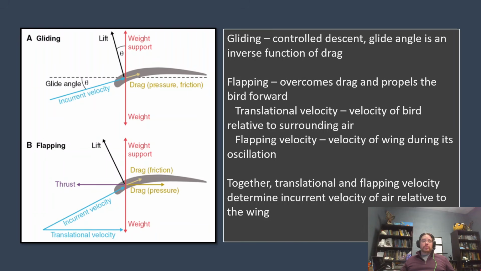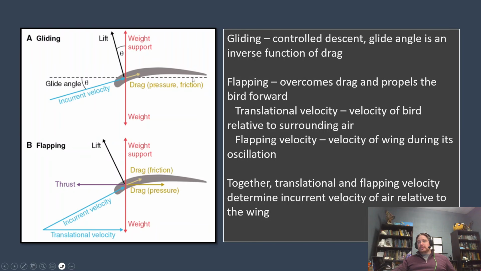The angle is a function of drag. Actually, it's an inverse function of drag. So as drag increases, the angle gets steeper.